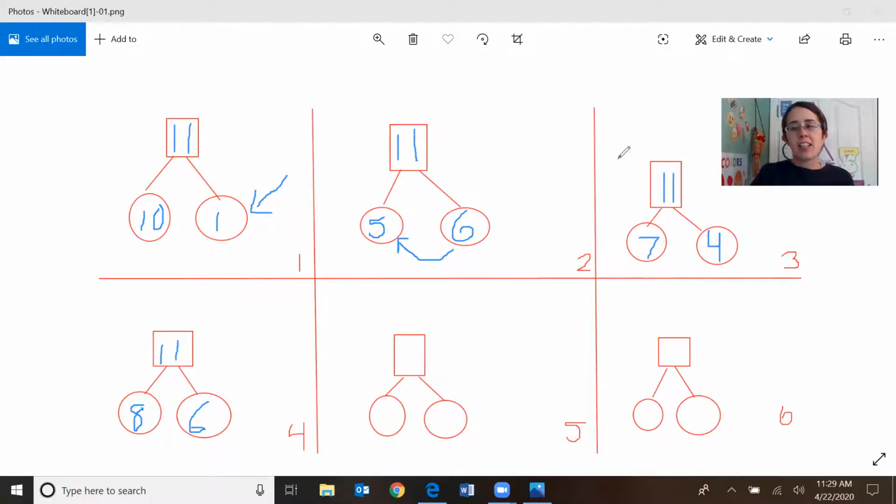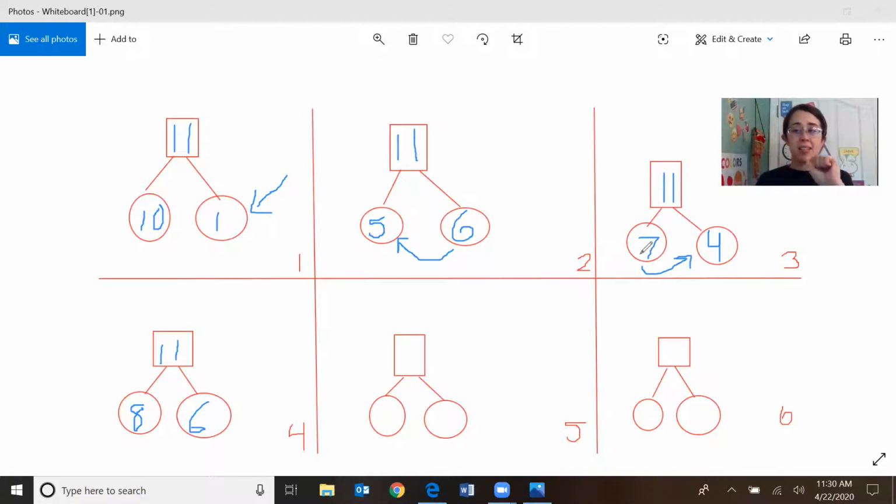What about the number bond with 11 as the whole and 7 and 4 as the parts? Again, use the counting on strategy. When you're doing counting on, you can think of playing a game on a board where you move your game piece on the different numbers. My game piece is on the number 7, and I will start counting after I move off of the 7th square onto the next square.